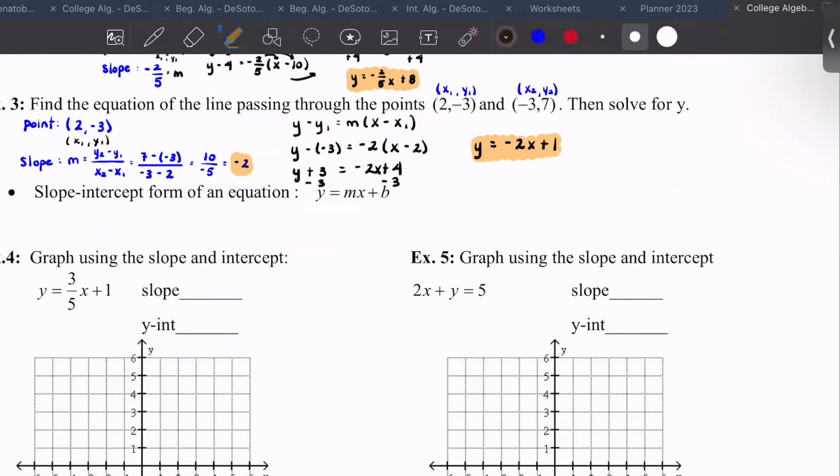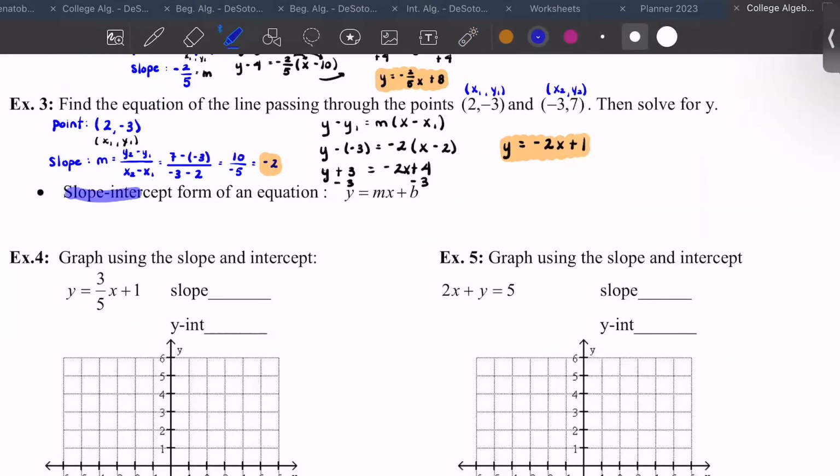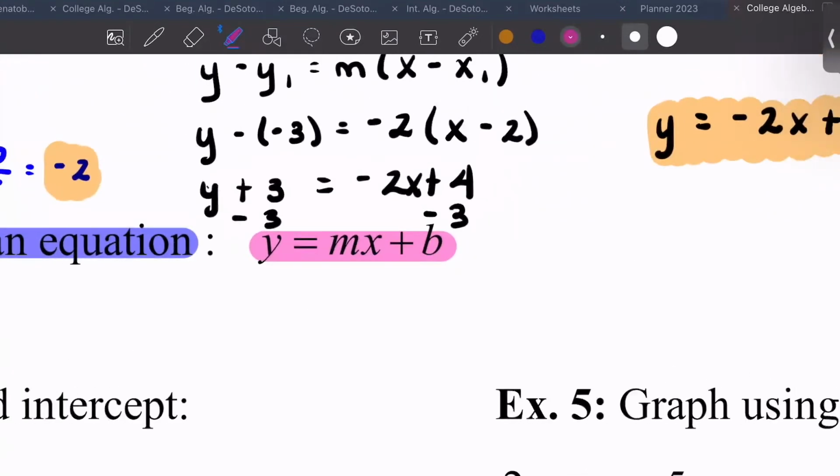Now we have another thing right under this that goes with our next example. Slope-intercept form of an equation is y equals mx plus b. Now, our m you know is slope. Okay, our m is slope. b is going to be our y-intercept.